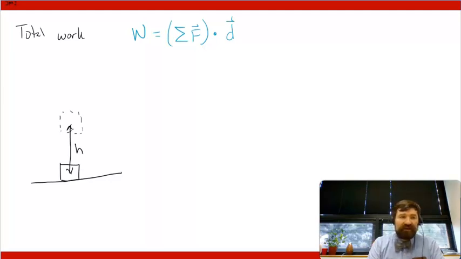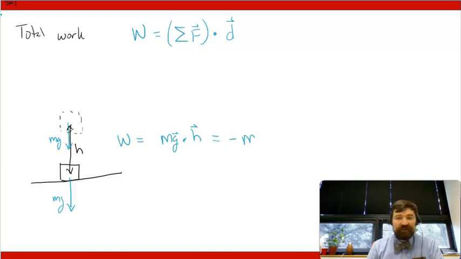Well, we know that in the entire lifting portion of this, gravity is in this direction. It's constant, it's mg downward. So our work done by gravity should look like m times g dotted with h. And what that actually ends up looking like is negative m times g times h.